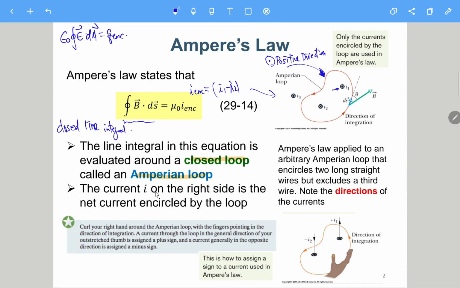So the current I on the right side is the net current encircled by the loop. So here we know that if we use right hand rule to determine the positive direction, I1 is positive, I2 is negative. So it is a simple interpretation of Ampere's law.